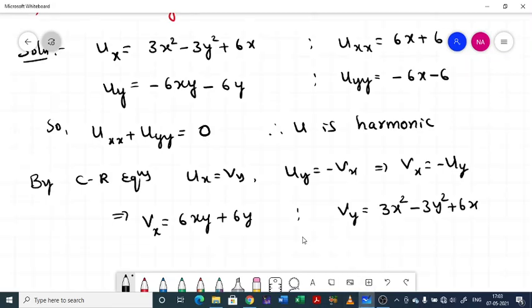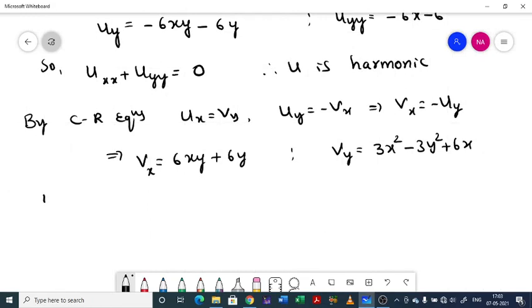Now integrating, we'll be getting V equal to, you have to integrate this with respect to x, right? So this will be 3x square y plus 6xy plus, integration is done with respect to x, so g of y.